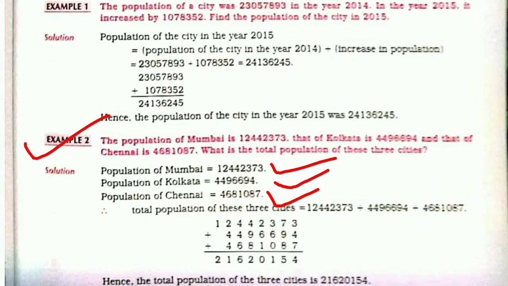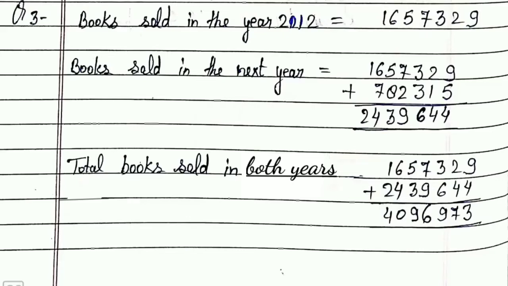What is the total population of these cities? So for this, we just add the total population of the 3 cities and then we will get the required answer. Now we are moving to solve question number 3 of the exercise.